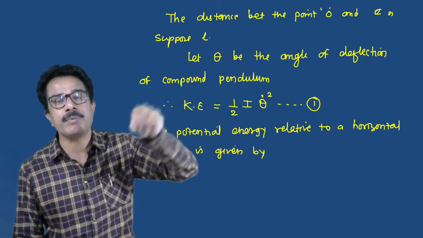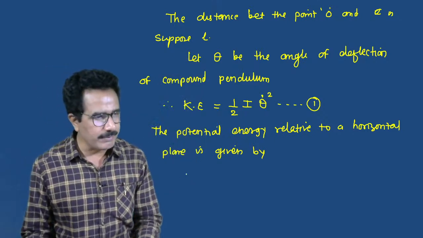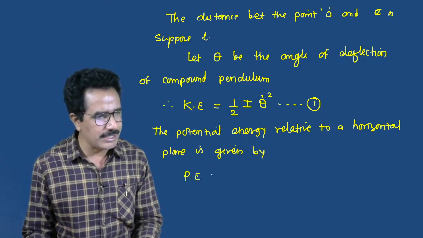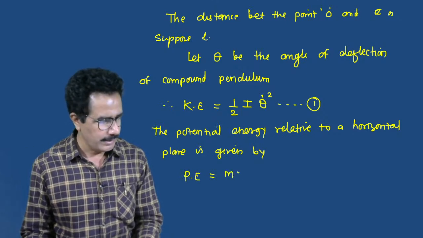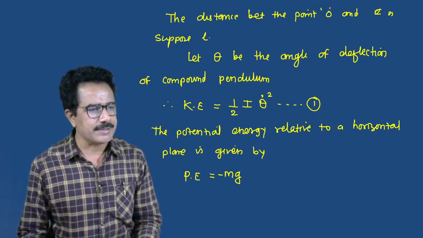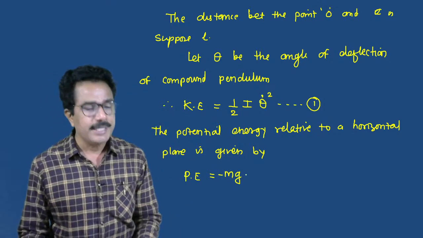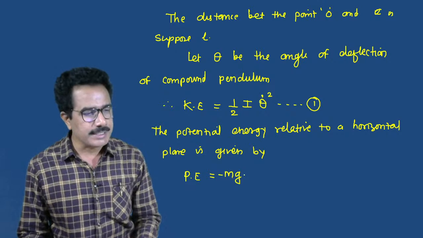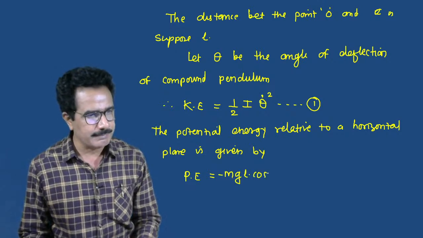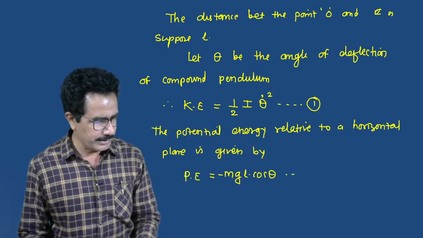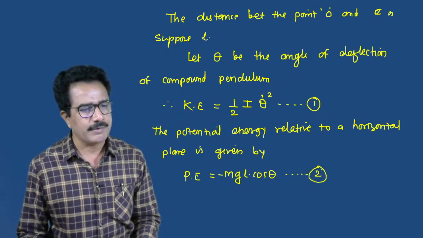L is the hypotenuse, so the potential energy is V = minus mgL cos theta, where the minus sign is opposite to the gravitational force. This is equation number 2.